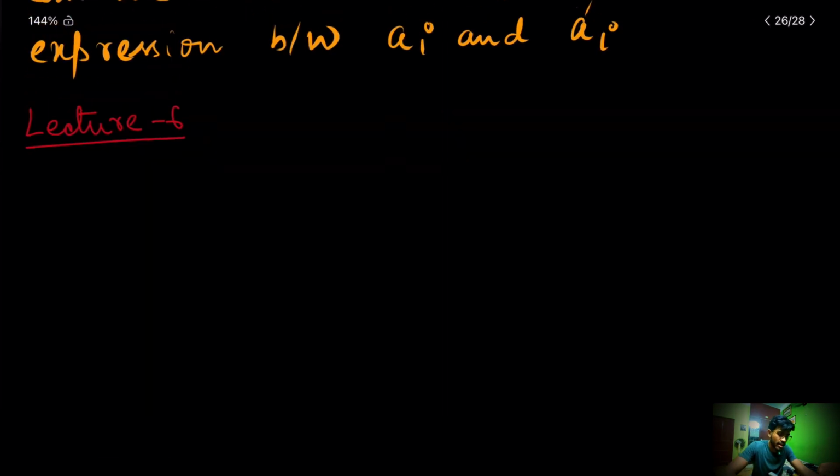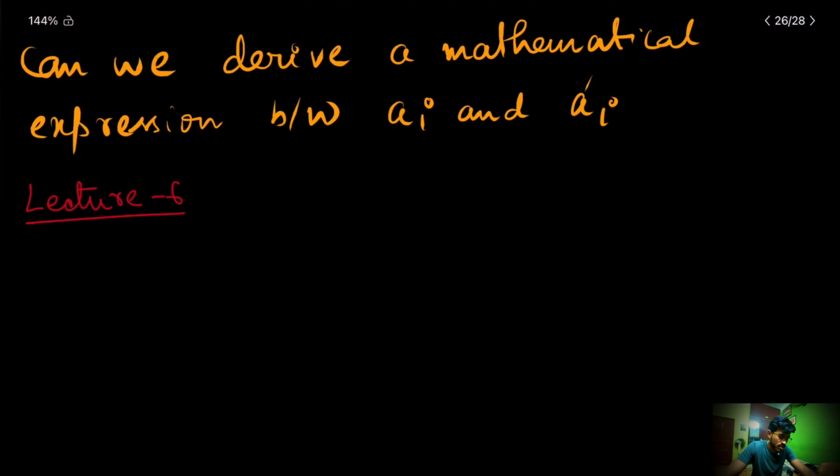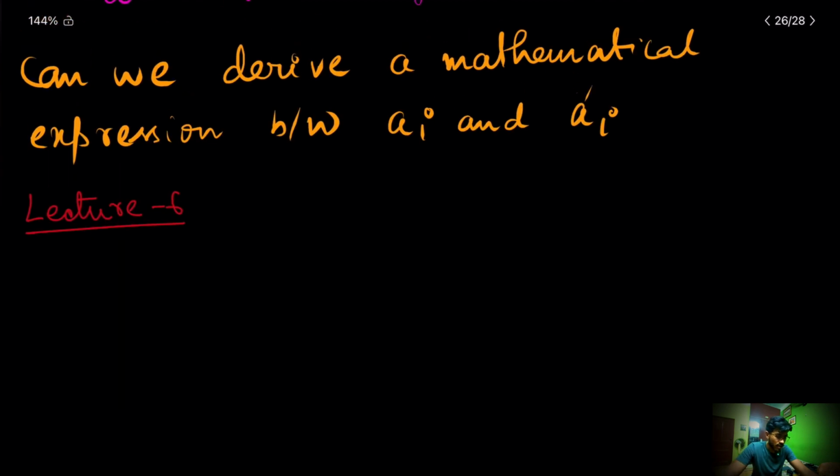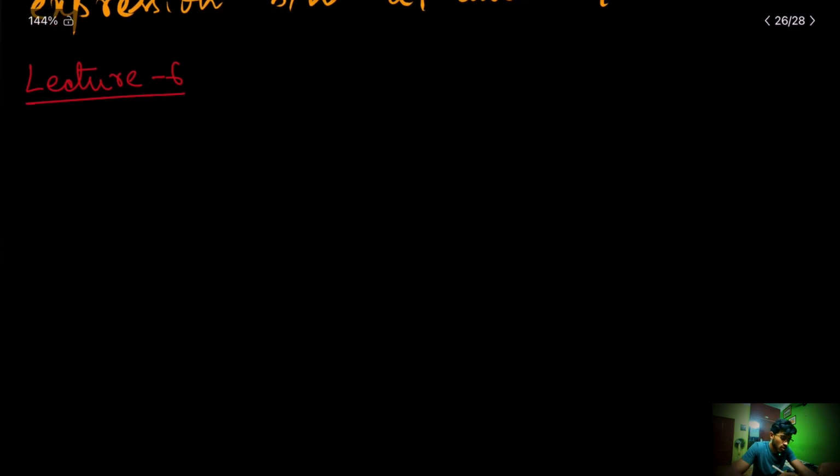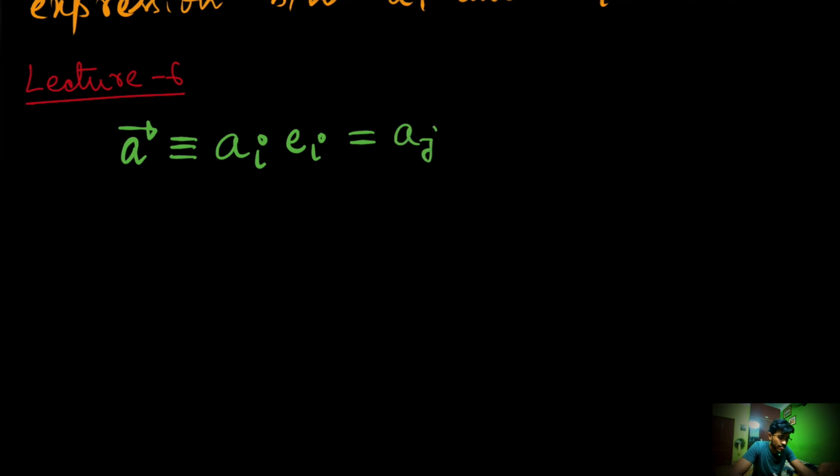So let us try to derive a mathematical relation between Ai and Ai dash, okay. We know that A is a vector and it can be represented as Ai into ei, and that is actually equal to Aj into ej dash.